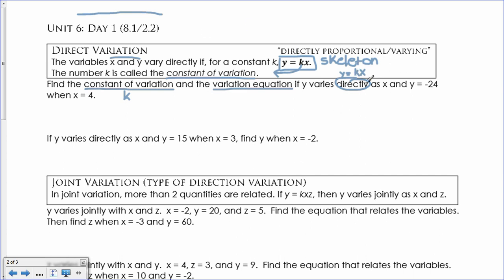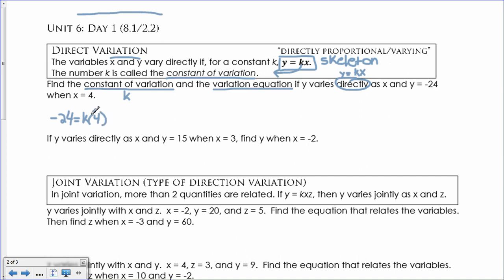So I jot it down above the word to remind myself. And then I'll notice that they gave us 2 numbers. So I'm going to use that information and see where it takes me. So if I take the negative 24 and plug it in for y, and then I take the 4 and plug it in for x, I'll notice that I have this right here.